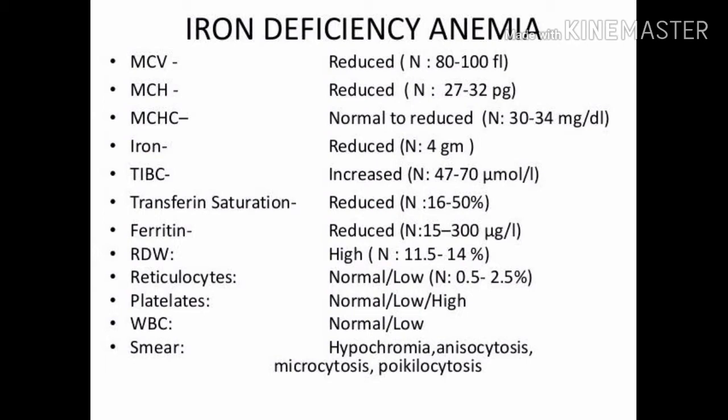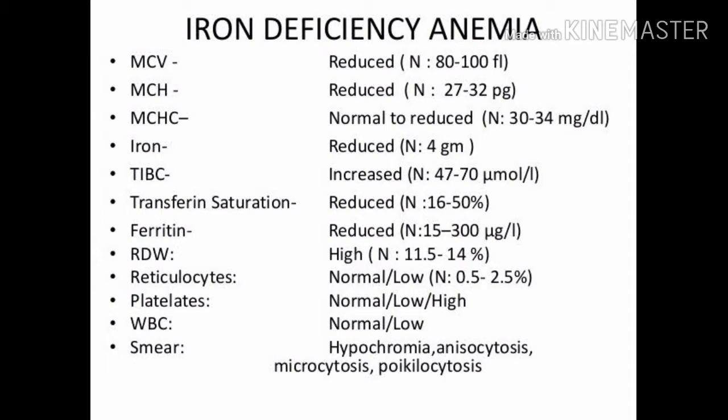So your full blood count, also known as complete blood count: your hemoglobin will be low, your hematocrit will be decreased, as well as your red cell indices. These include your mean cell volume, mean cell hemoglobin, and mean cell hemoglobin concentration, which will all be decreased.